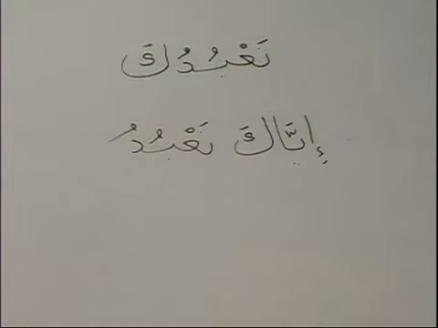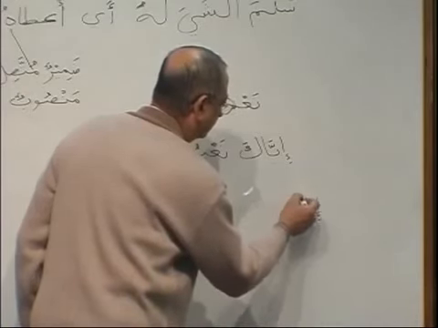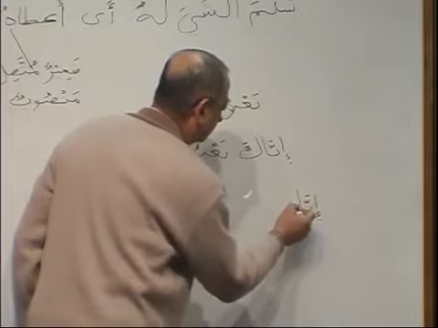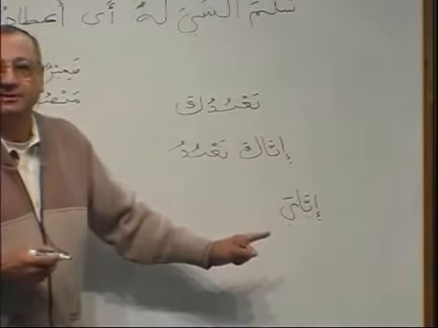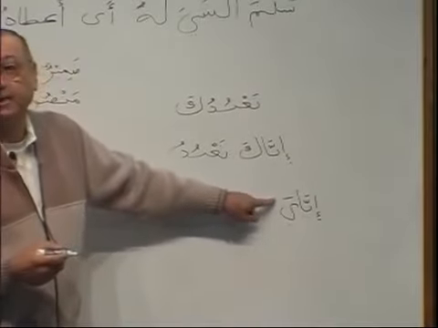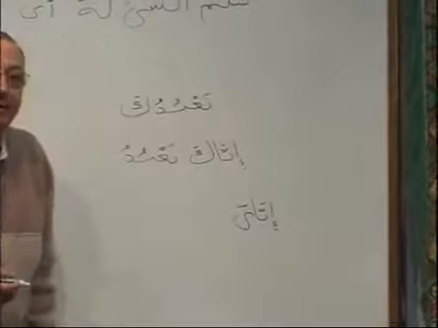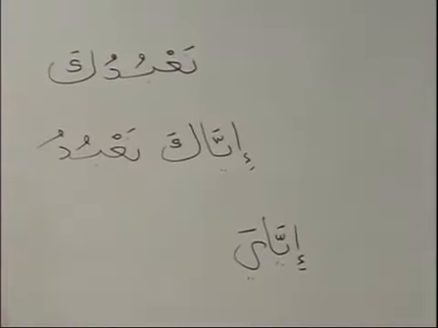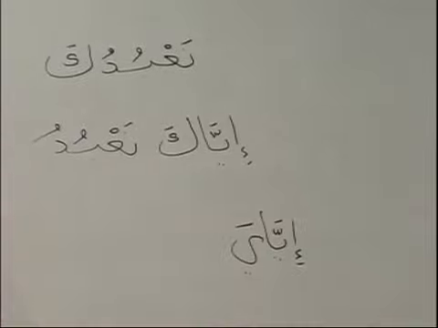What is it? Because two yas: one is iya. Got the idea, brothers and sisters? Why did it give us fatha here? Because there is an alif before it. If there is an alif or ya sakin before it, then ya mutakalam, instead of sukun, gets a fatha. Inshallah, you remember.